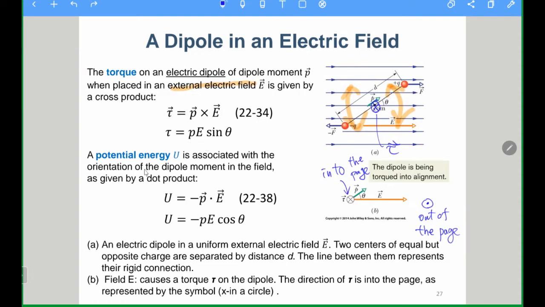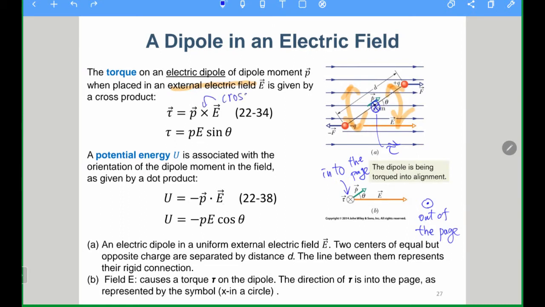Next is the potential energy. The potential energy will be negative P dot E. This is a dot product, and the other one is a cross product.